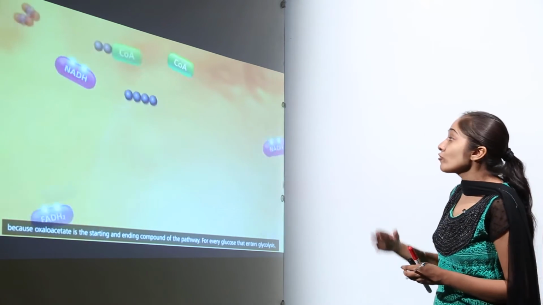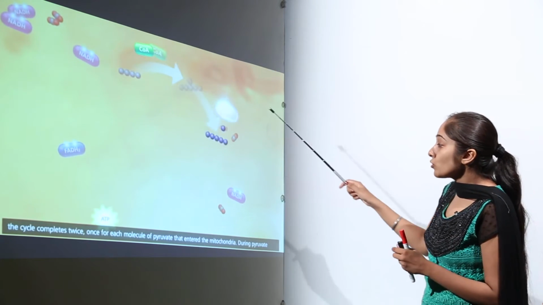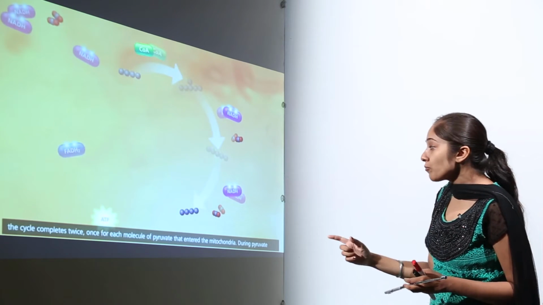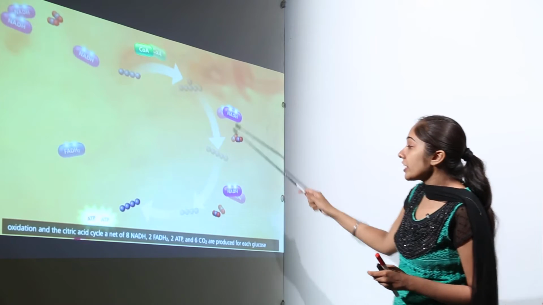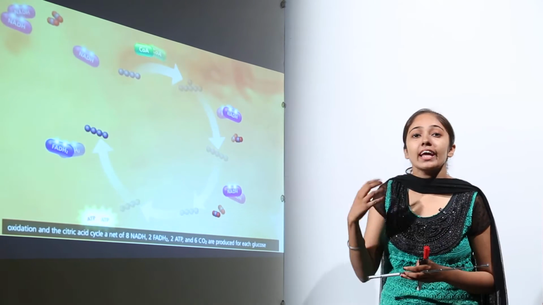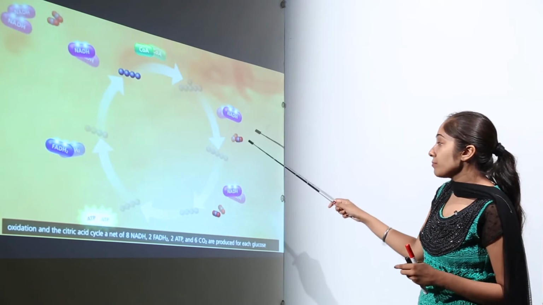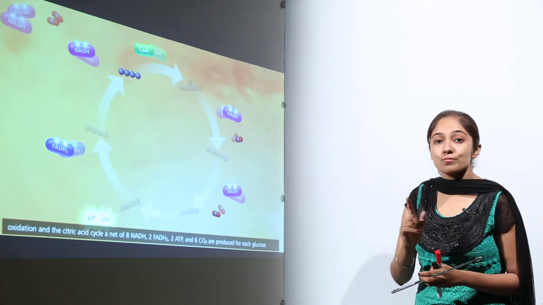For every glucose that enters glycolysis, the cycle completes twice, once for each molecule of pyruvate that entered the mitochondria. Through pyruvate oxidation and the citric acid cycle, a net of 8 NADH, 2 FADH2 and 2 ATP and 6 carbon dioxide are produced for each glucose molecule.